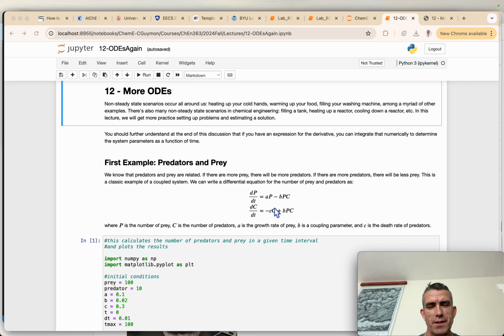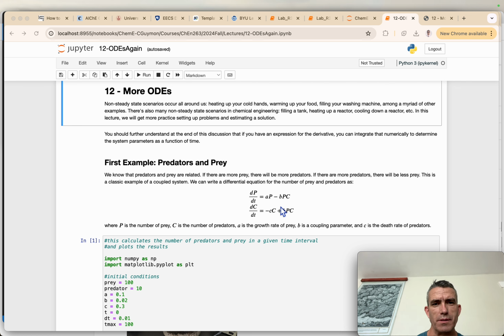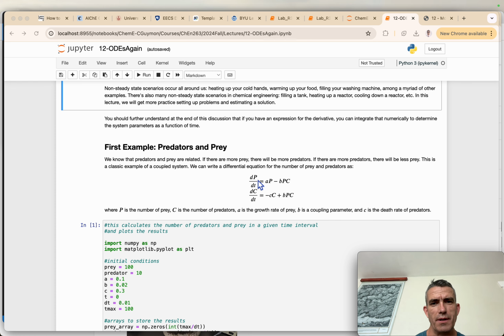But here we're first going to look at predator and prey, the interplay between those two. So here's the change in the number of prey, like perhaps a rabbit, and here is the predator, perhaps like a cougar. So you can see that the more prey you have, it's more likely that this slope or the number will increase as you have more and more individuals, and then it decreases the number of prey based on the product of prey and predators by a factor.